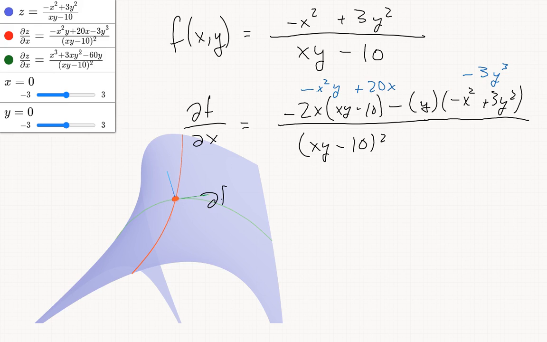Then for the partial with respect to y, this again will be something over xy minus 10 squared.